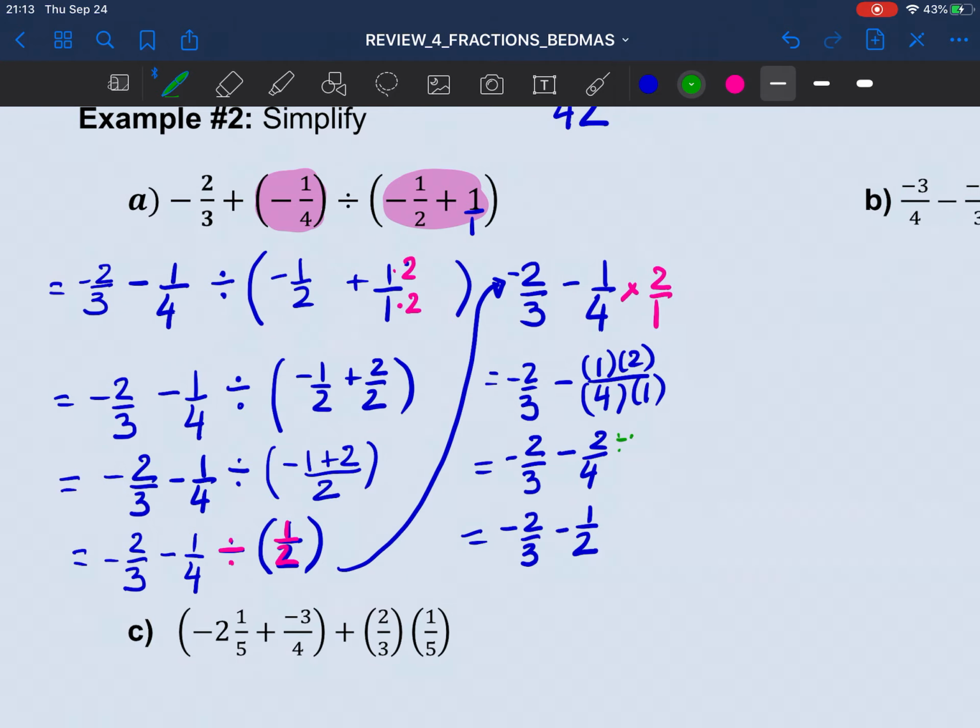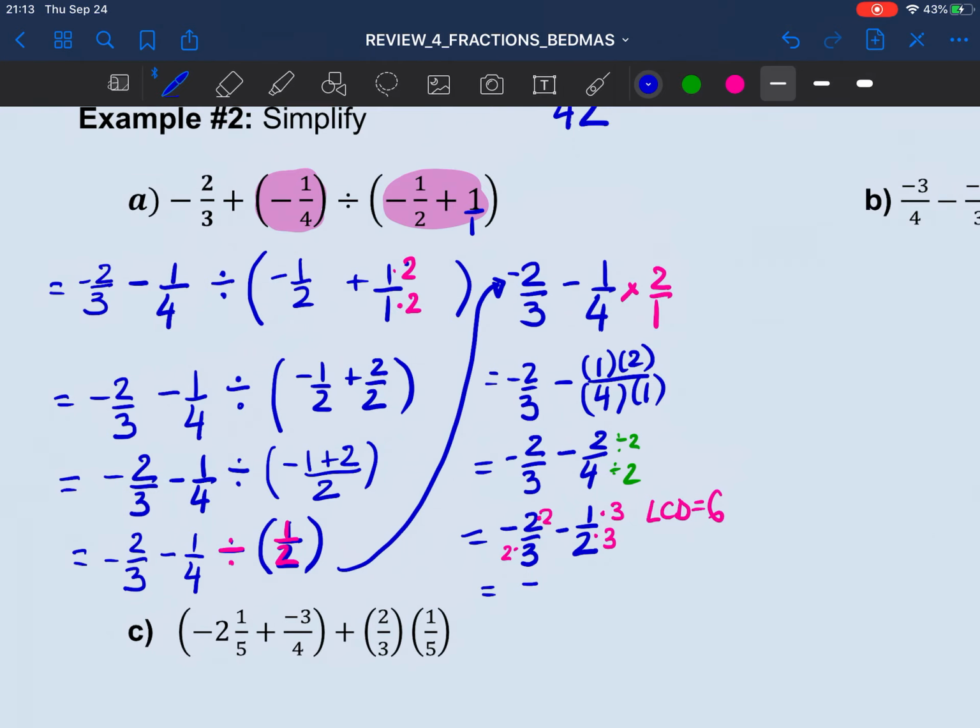So we're reducing this by 2. And now we multiply this by 2, this by 3, to make the denominator equal to 6. Otherwise, we cannot subtract them.